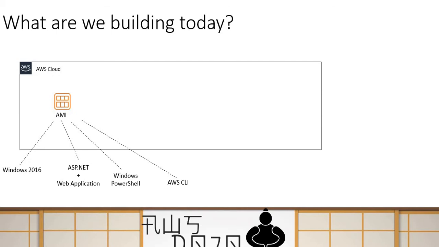In this case, we have a Windows 2016 based AMI. On this AMI, we have ASP.NET deployed. Of course, it has IIS also deployed, and then we deployed a sample web application. This sample web application we want to Dockerize, containerize using the App2Container service. Then it has Windows PowerShell, and we also have AWS CLI deployed, in fact the latest version 2.0.